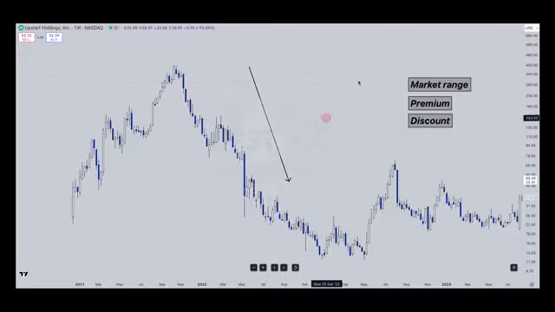So when that imbalance is created, it leaves a range, and that range has an equilibrium. The equilibrium will be the 50% of that imbalance. So say that this downwards arrow that I'm depicting is our imbalance. The equilibrium, just eyeballing it, will be somewhere like here.